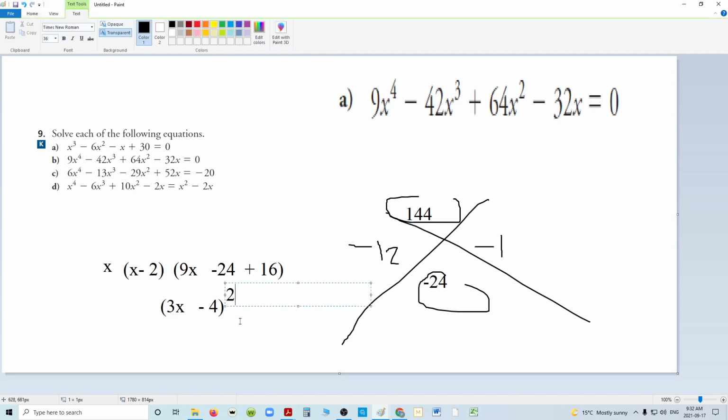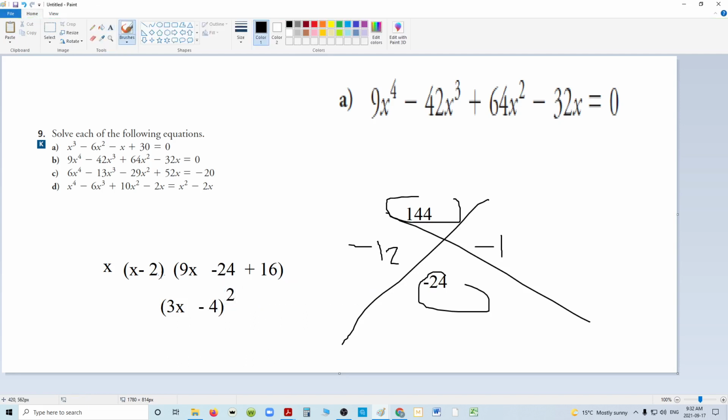Sure enough, if you were to expand that, you'd get 9x squared minus 24x plus 16. So that means its roots are 4 over 3, 0.